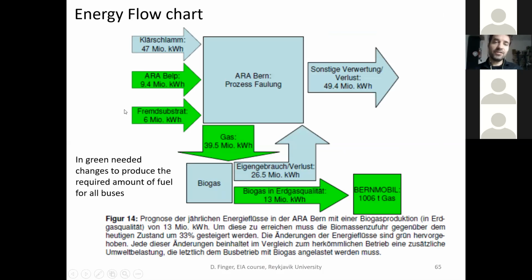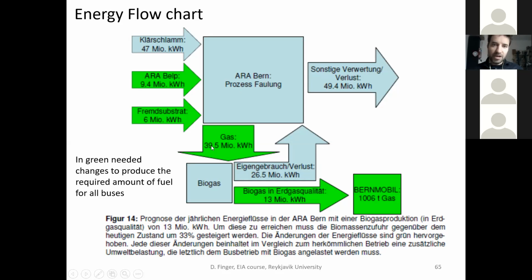There's additional biomass coming into the biogas reactor from the surrounding agricultural farmsteads and from the food waste. And of course, there's some electricity that went into the biogas reactor as well from the sewage treatment plant.